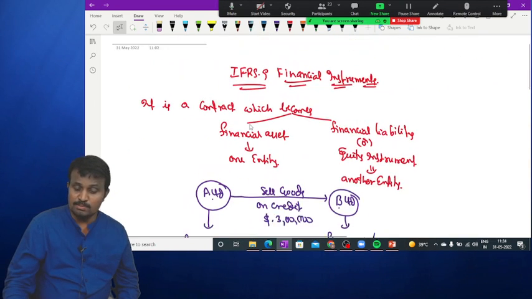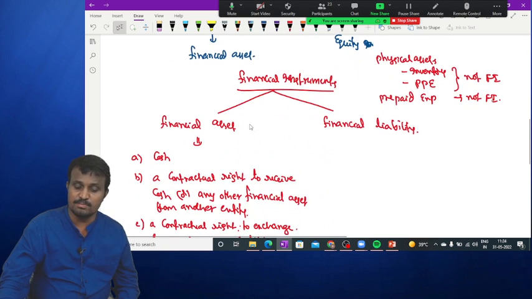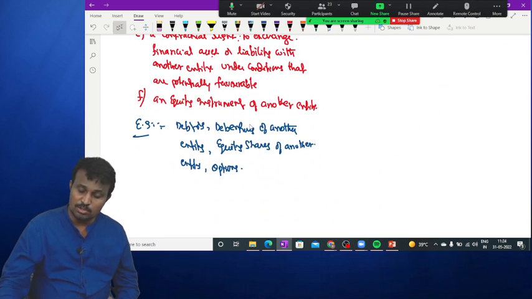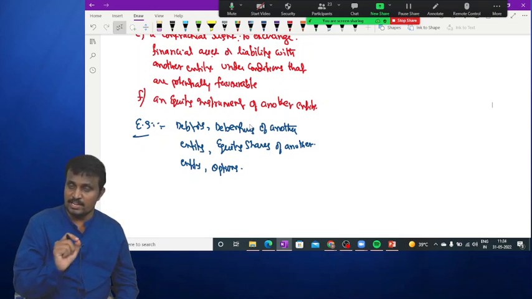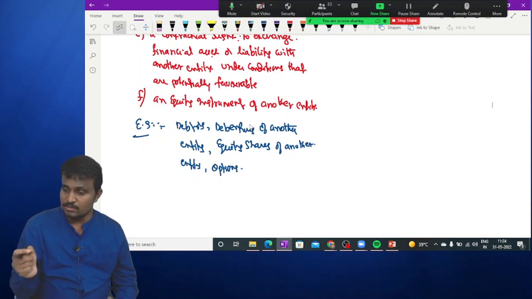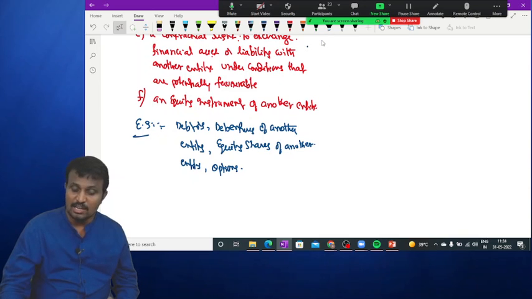So remember, this chapter is very, very important, and the most important thing is that definitions are very important. We may have straight questions, such as: explain which of the following items are covered under the definition of financial asset. You need to remember these 4 points. So what is meant by financial asset?